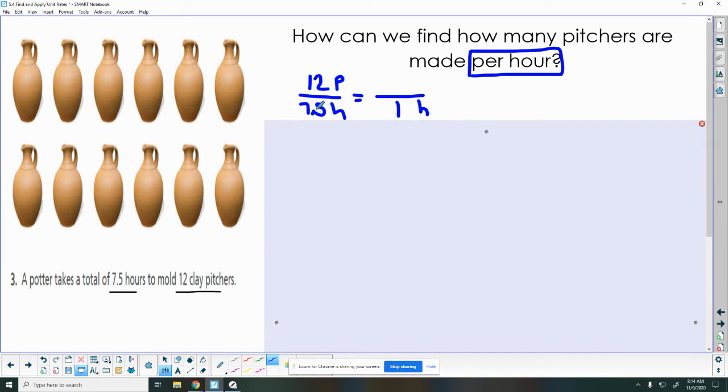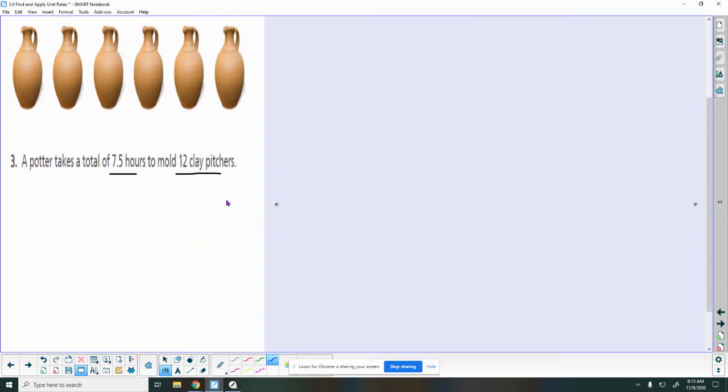So to get from 7.5 to 1, we're dividing by 7.5. So I need to take 12 and divide it by 7.5. So I have 12 and we're dividing it by 7.5. So remember, we need to move our decimal, which means the decimal on the 12 is at the end.